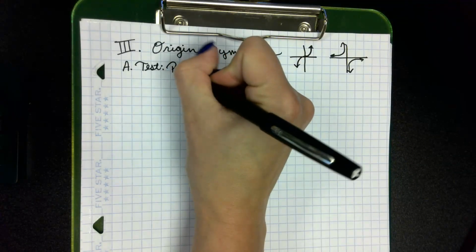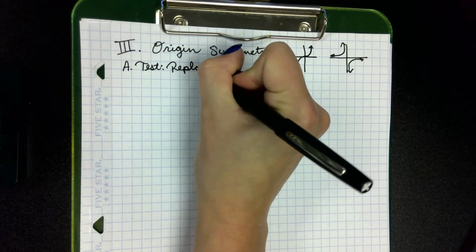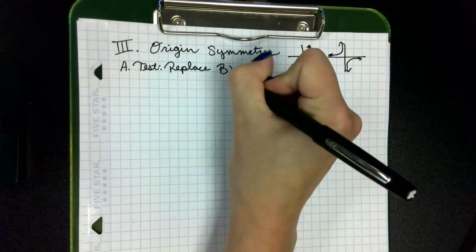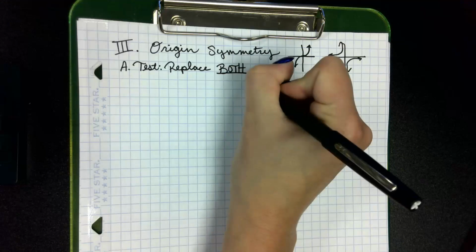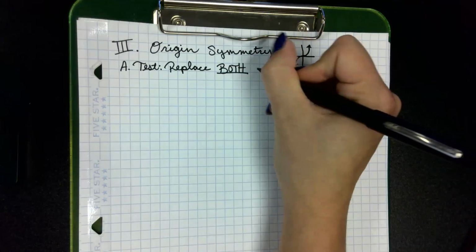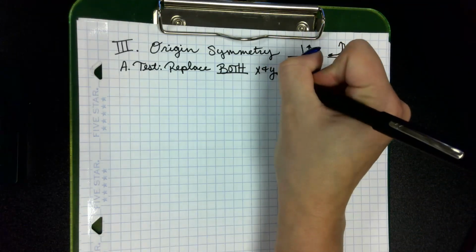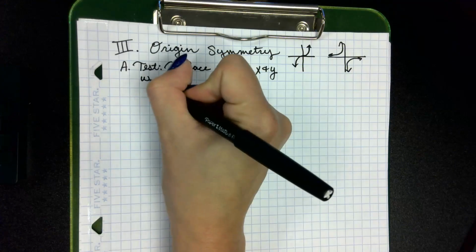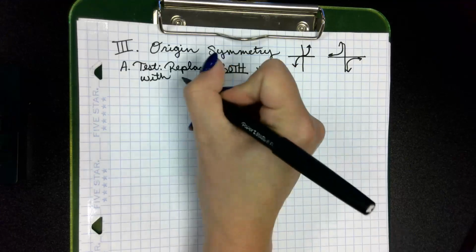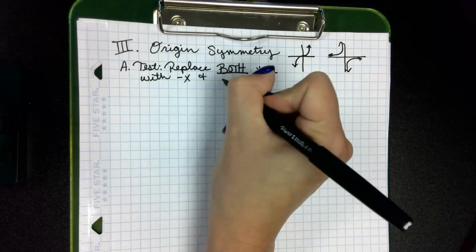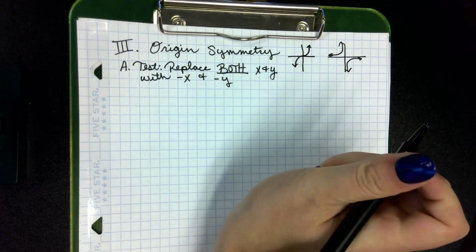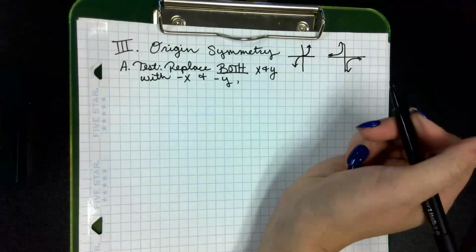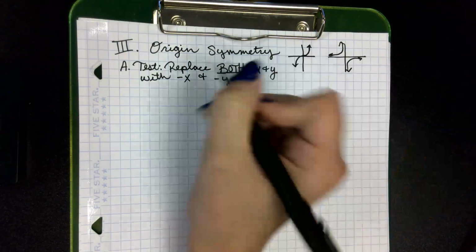This test is to replace both x and y with negative x and negative y. And then simplify and compare.